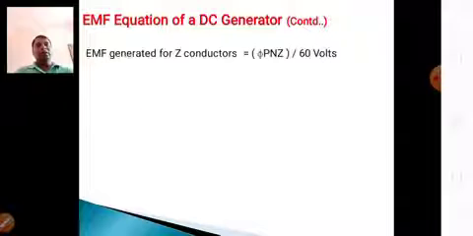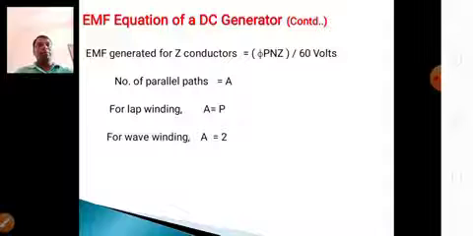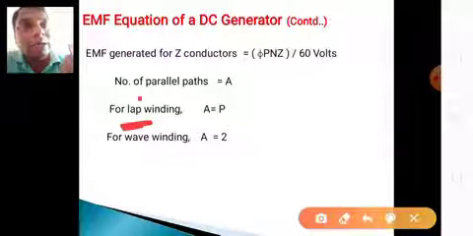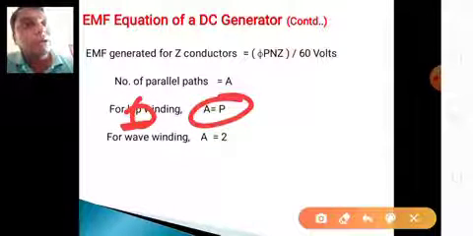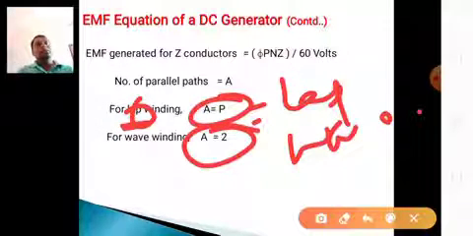Suppose there are Z number of conductors. Then it is phi P N Z by 60 volts, the number of conductors multiplied with the average EMF, divided by the number of parallel paths A. For lap winding, A equals P. For wave winding, A equals 2.